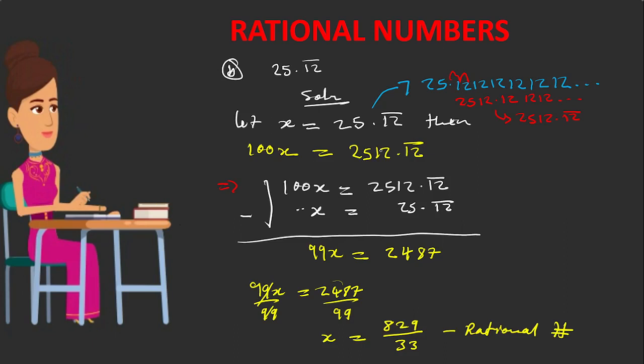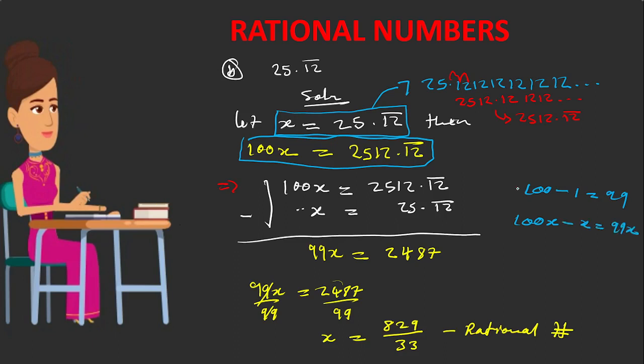That's the 99. But here we have 100x minus x. That's the 99x. You get that now? Florence, have you gotten the point? Yes, I've understood.